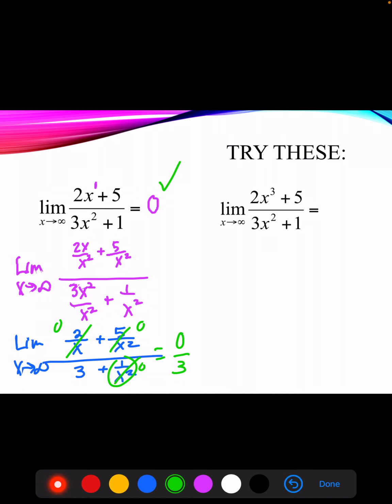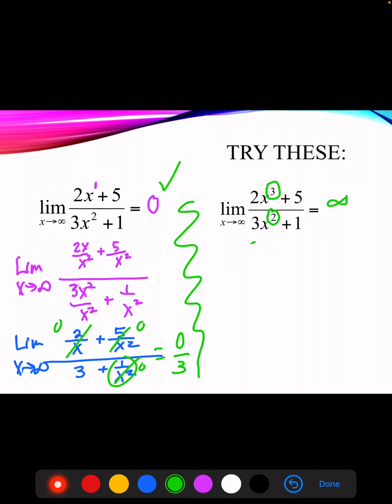Okay, so my strategy, obviously I knew the answer to begin with. However, I want to just play with this strategy a little bit. The second one, the strategy also comes into play. The degree of the numerator is 3. The degree of the denominator is 2. The numerator is larger than the denominator. This would say there are no horizontal asymptotes, or the limit goes to infinity.